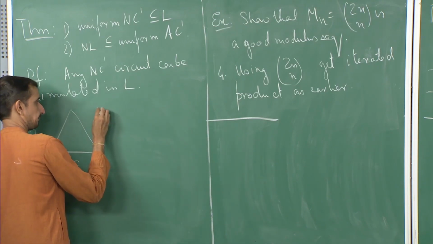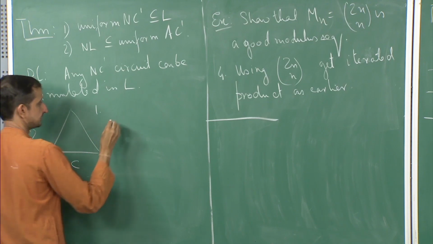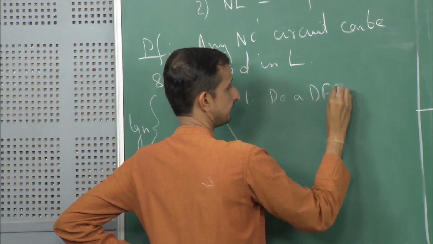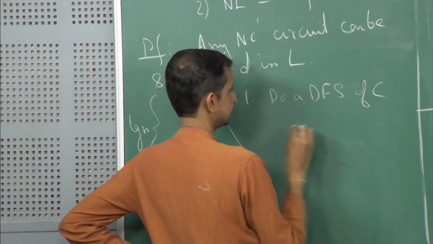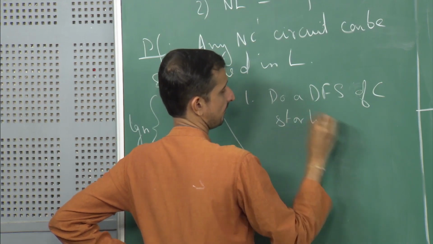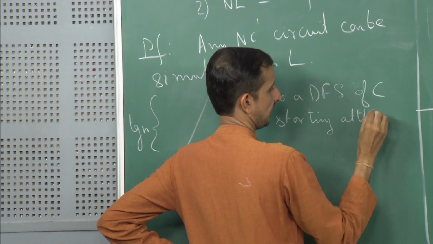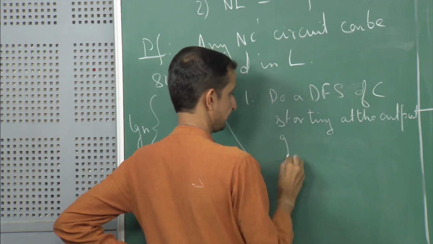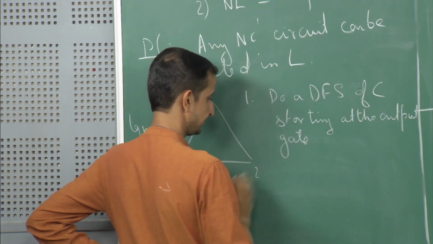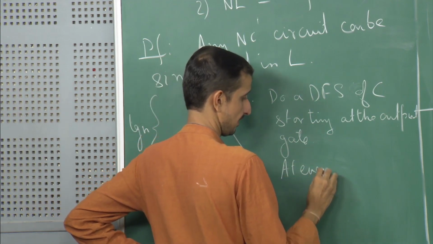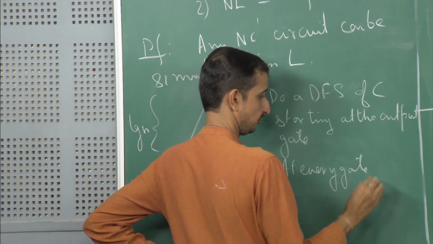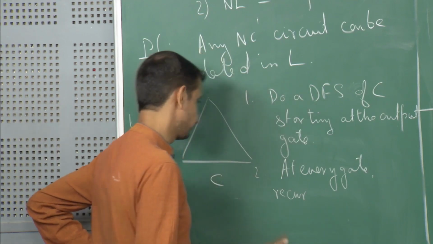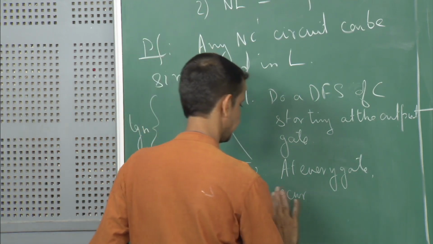So, let us look at the algorithm. The algorithm is, as I said, quite simple. Do a DFS of C starting at the output gate, and what do I do in the DFS? At every gate, recursively, or you do not even have to have a recursive algorithm, you can design an iterative algorithm for this.